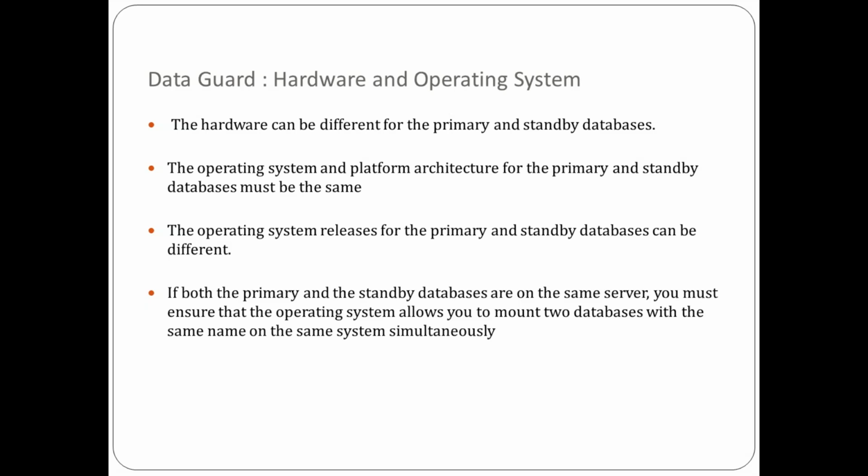This structure of primary and standby is completely known as a DataGuard, and there are different tools which came up in 10G, 11G, and 12C versions where failover can be automatic.